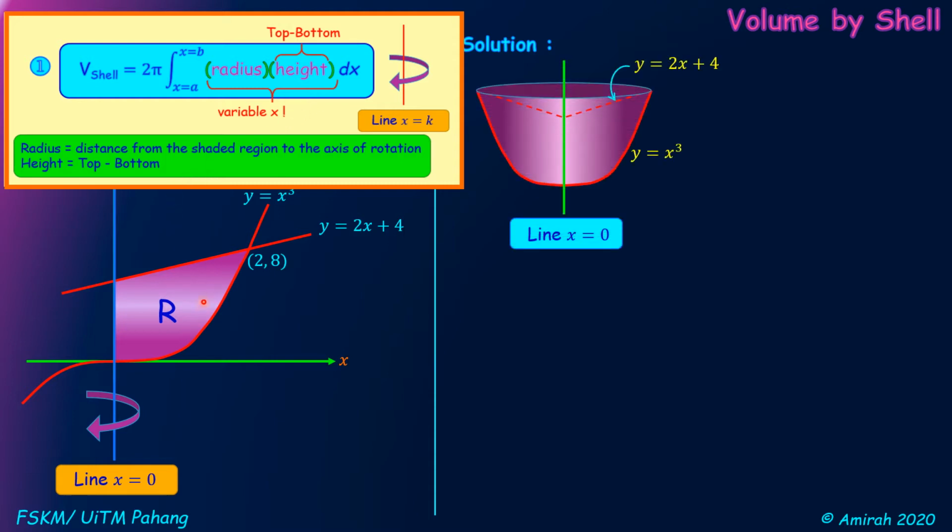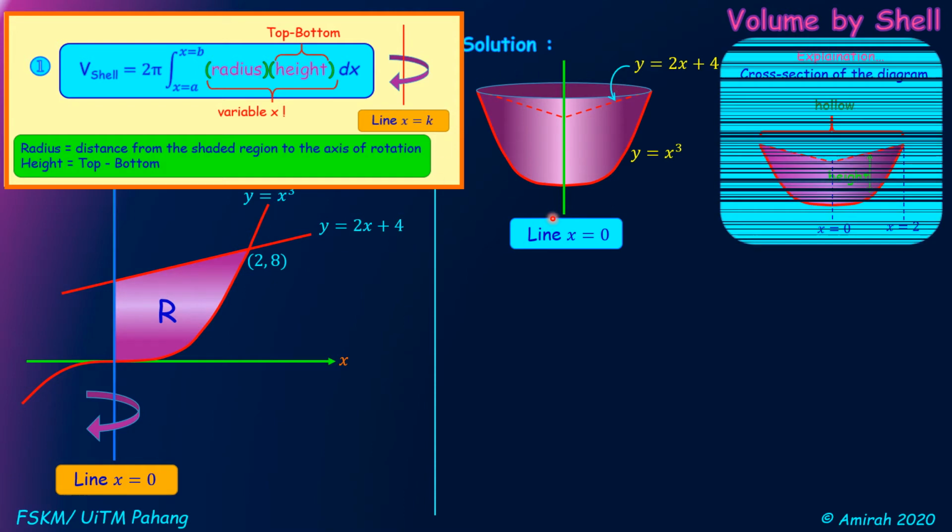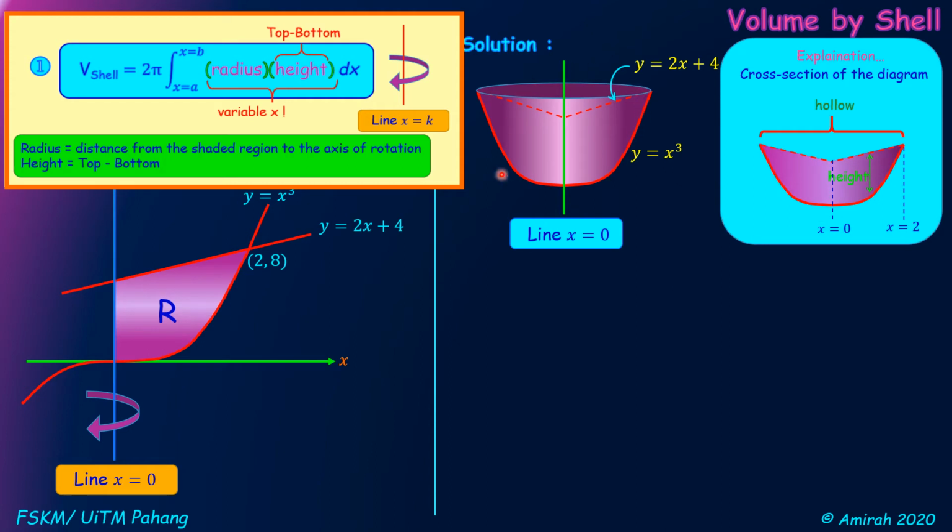After rotation, we get this diagram. From this diagram, this is the cross section. There is a gap between the shaded region and the axis of rotation. This is the shaded region and this is the axis of rotation.